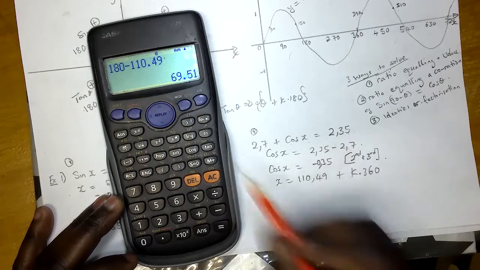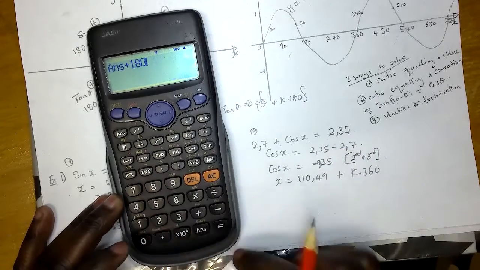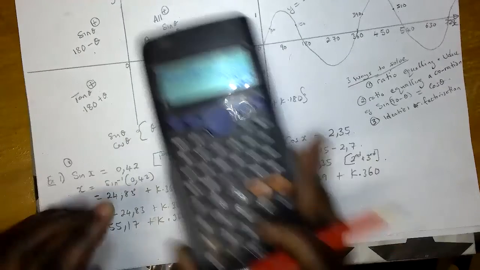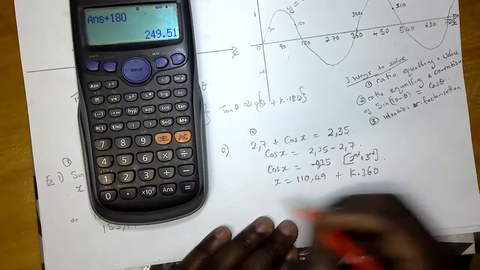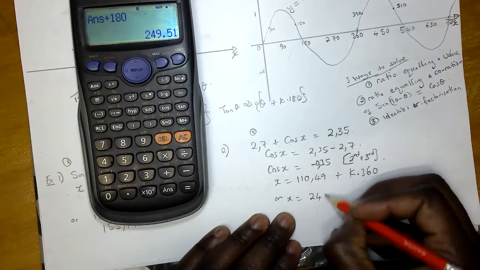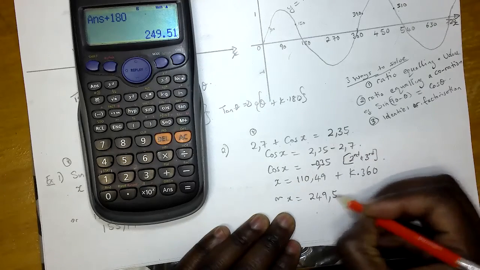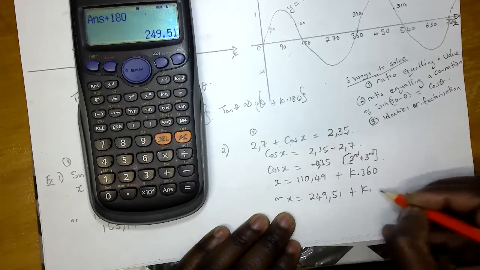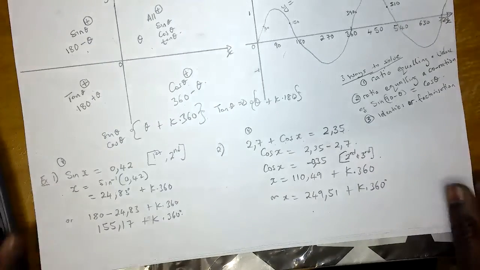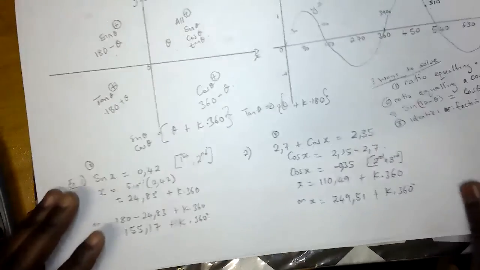So we are going to say plus 180 because we know that that's how we get the angle in the third quadrant. We add to 180. Then what do we get here? We get 249. So x is going to be equal to 249,51 plus k 360. So that's how you get the values there. Okay, let's move on and attempt other questions.